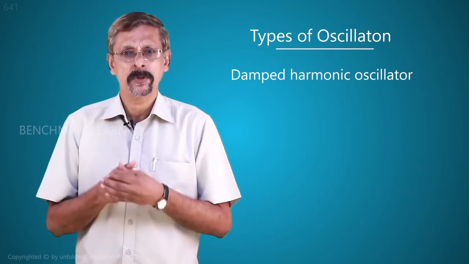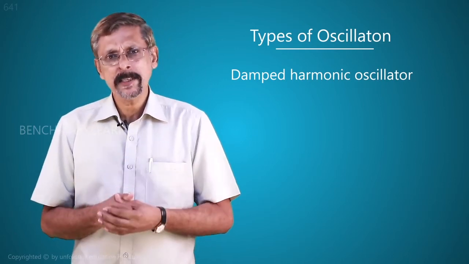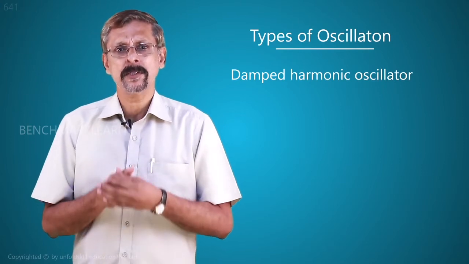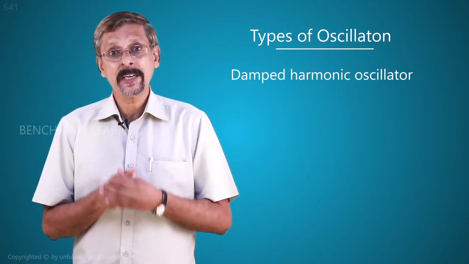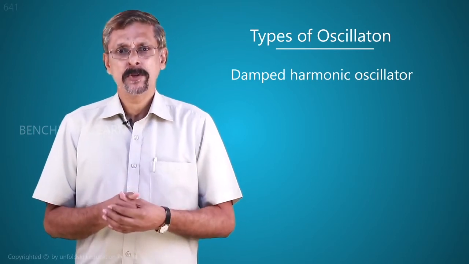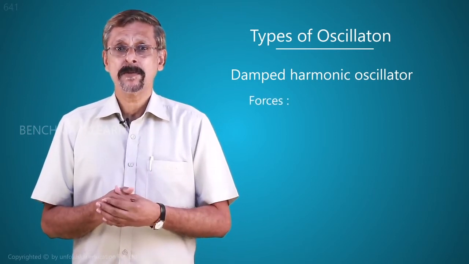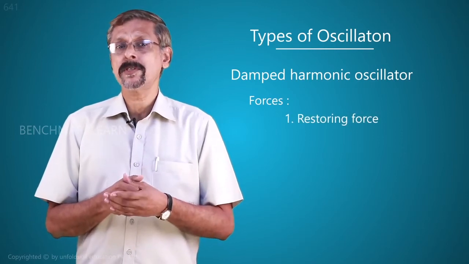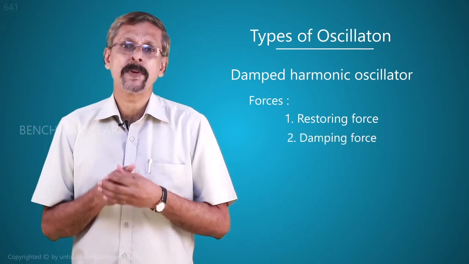damped harmonic oscillators. So we already have the restoring force within the system, which acts opposite to the displacement. At the very same time, the damping force also acts together with it. So there are two forces which are reducing the oscillations. Number one, the restoring force, and number two, the damping force.